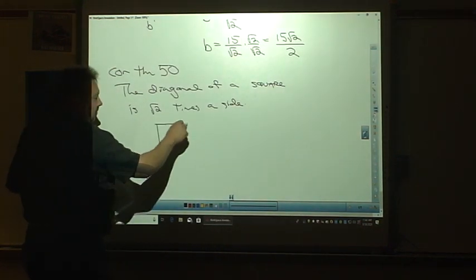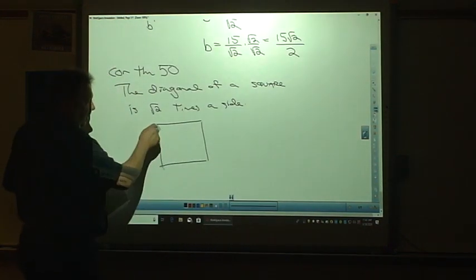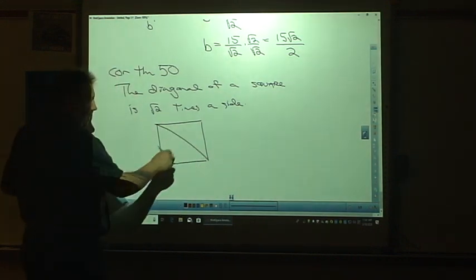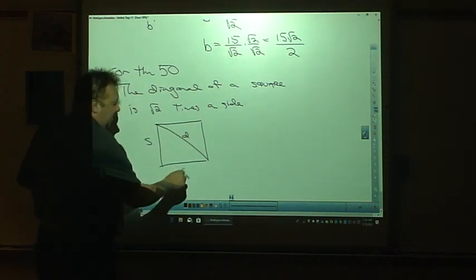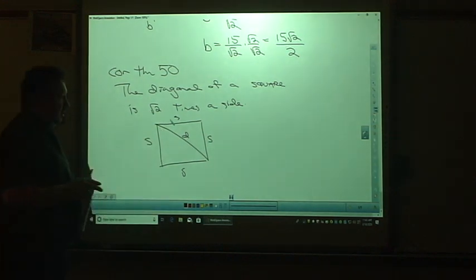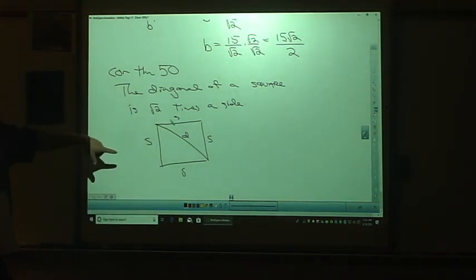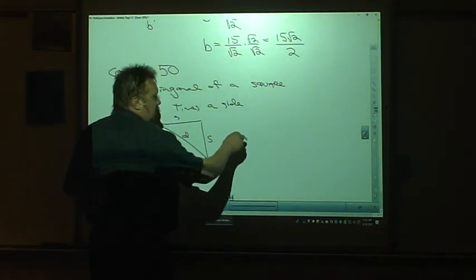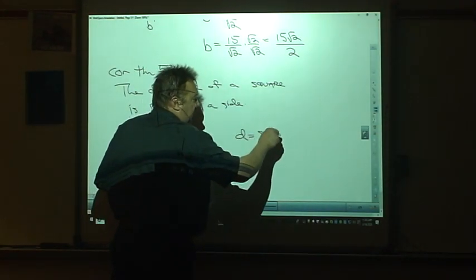And the reason is, if we have this square and we take the diagonal, all the sides are S, we split it into two 45, 45, 90 triangles, which means D equals S square root 2.